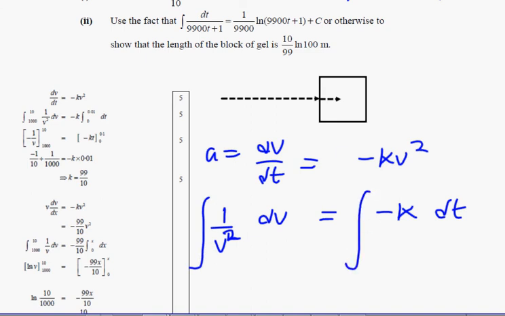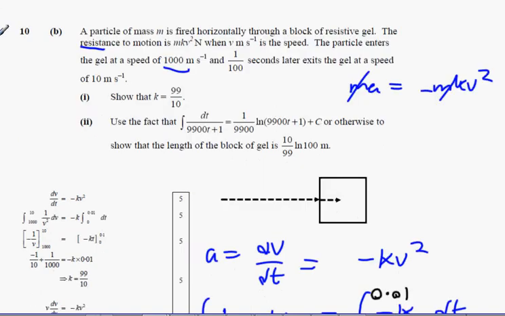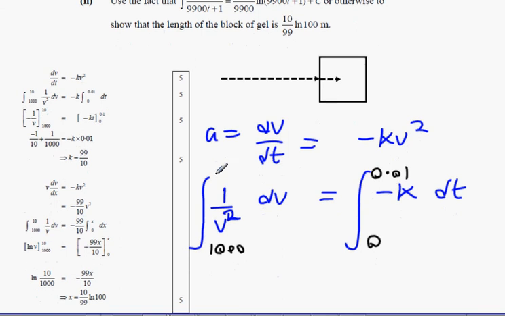Upon completion of that, what we've got to do is pair up our numbers. So, if this is 0, it enters at 1000 at time 0. It exits 0.01 later, because it's 100th of a second later, and we want to find out the exit speed, which is 10.